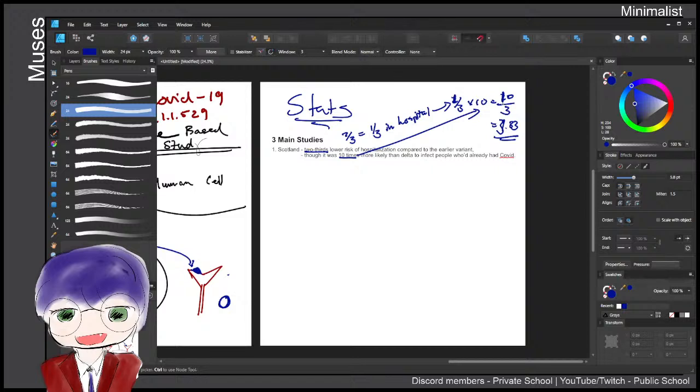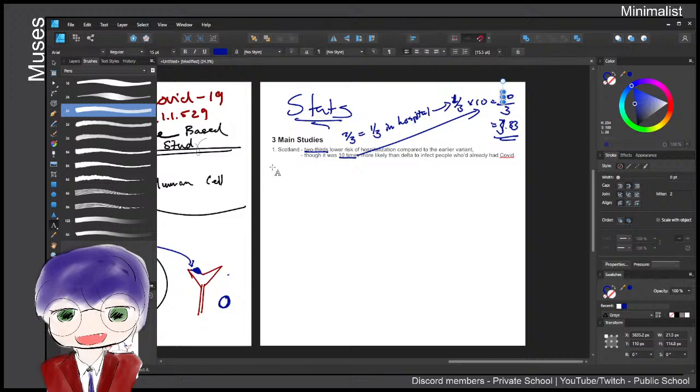So if this Scottish study is true, we are getting essentially 3 times more people in hospitals, but we're getting a lower amount of people per capita, right? So per 1,000, per 10,000, whatever amount of people being infected, we're getting fewer of them into the hospital. Unfortunately, if we get just an absolute number more people in, then that's going to be a problem.